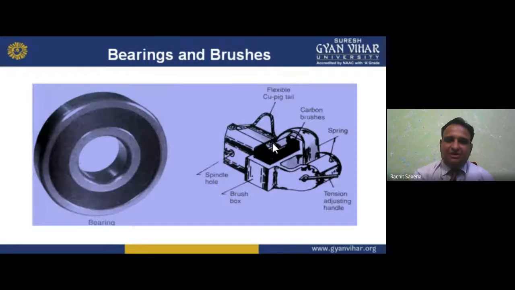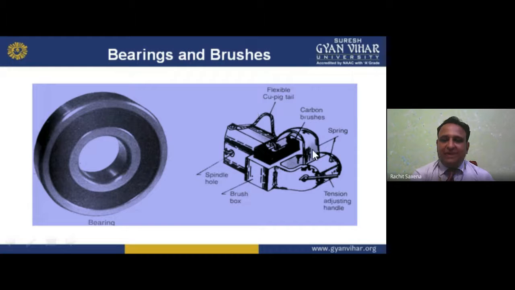Now see, here we have the bearing. In this bearing, there is a fixed portion and a rotating portion, and between them we have the iron balls. Now here the brush is there, the carbon brush. This is the spring. This is the tension adjusting handle. This is the brush box, spindle hole, and flexible copper pigtail.